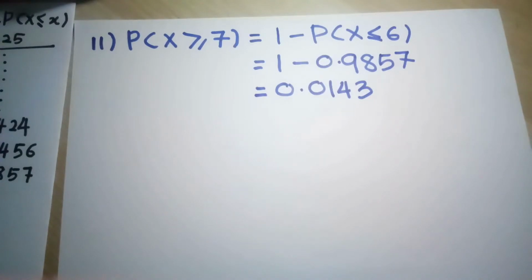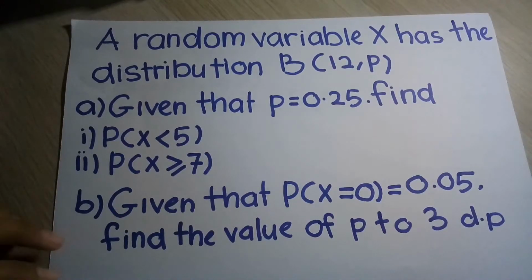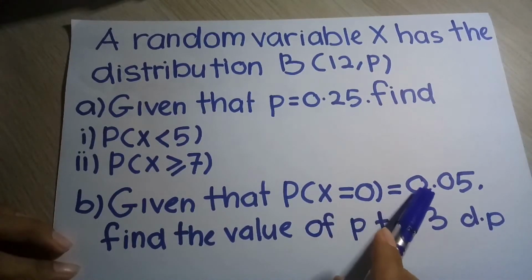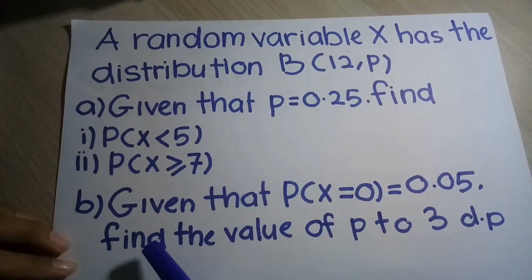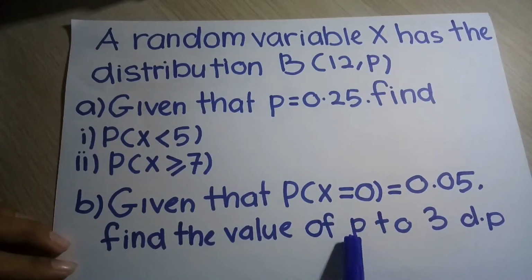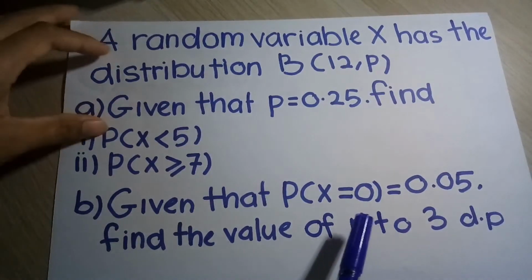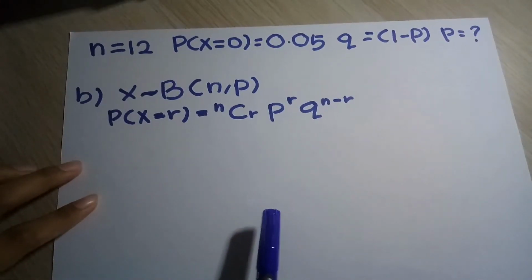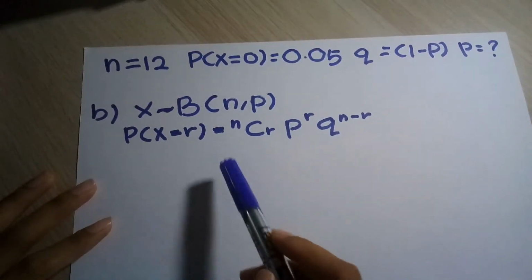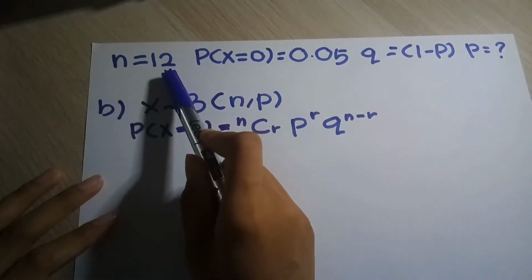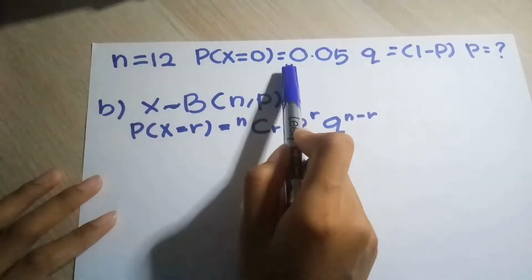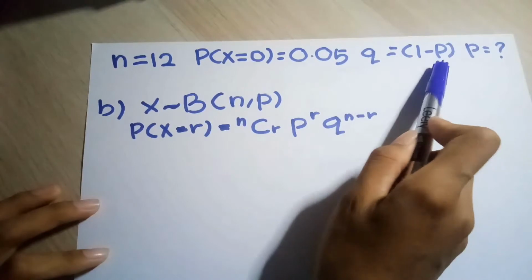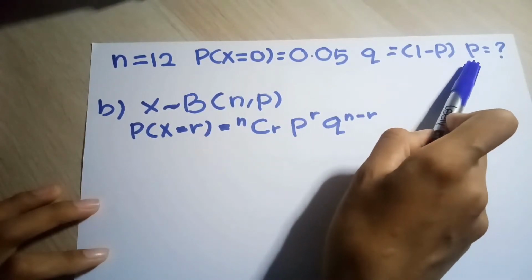Okay, for B, given that P(x=0) is 0.05, we need to find the value of the probability to 3 decimal places. From question B, we can get this info: n equal to 12, P(x=0) is 0.05, and our q is 1 minus p, and we need to find our probability.